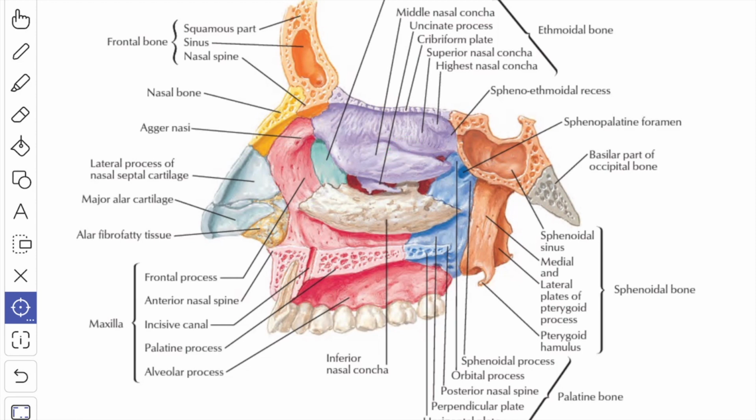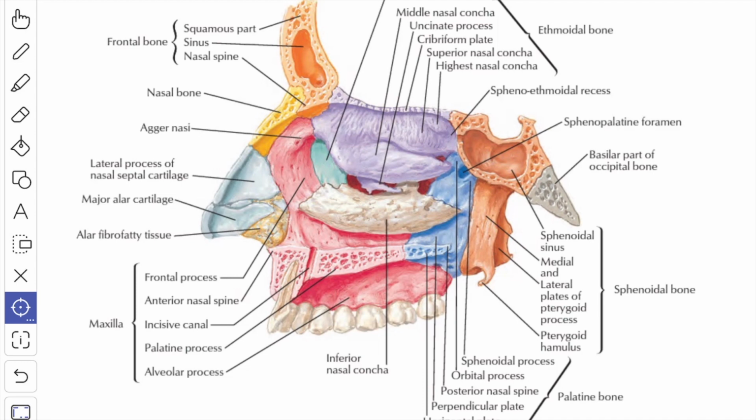This is the superior concha, which extends anteroposteriorly above the posterior half of the middle concha. The space under cover of the superior concha is known as the superior meatus, into which the posterior ethmoidal air sinus opens. The area intervening between the superior concha and the nasal roof is known as the supreme meatus, which is sometimes traversed by the highest concha.